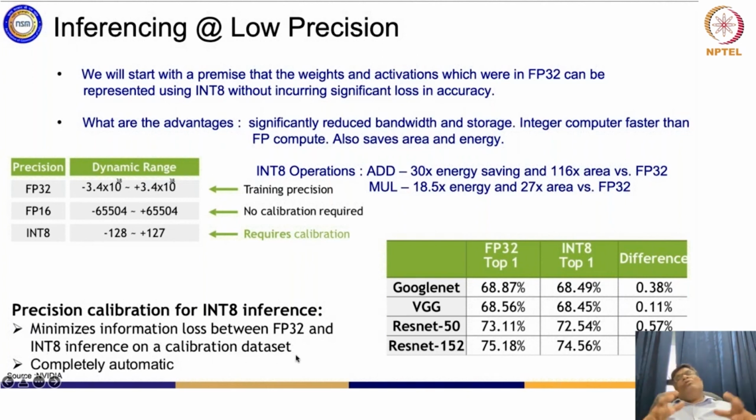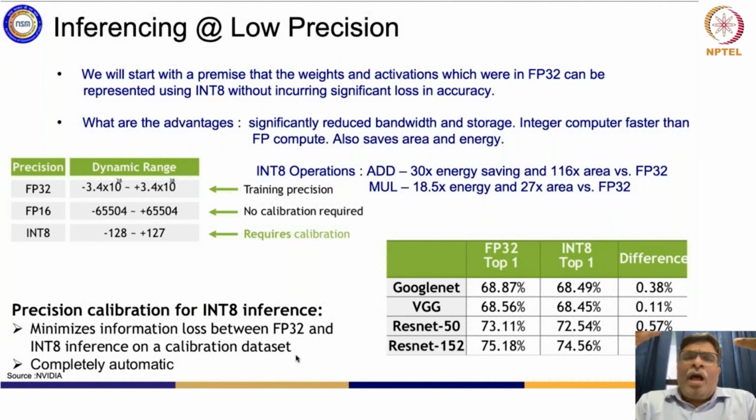So there has to be a specific calibration data set designed before you convert your FP32 into int 8, and that calibration data set is going to ensure that your precision, your accuracy is not affected. And this will be done automatically, right? So it is completely automatic.